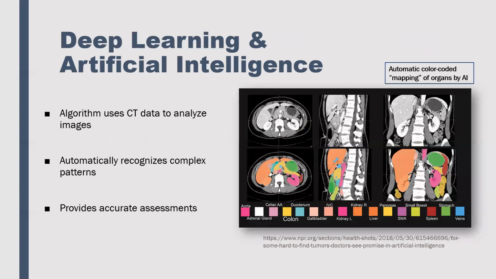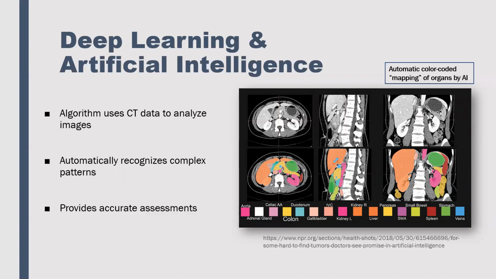Deep learning and artificial intelligence algorithms are being developed to help streamline and innovate CT imaging analysis. In radiology practice, trained physicians visually assess medical images for the detection, characterization, and monitoring of diseases.